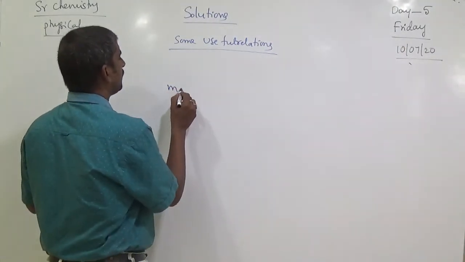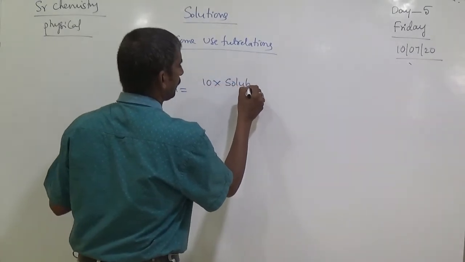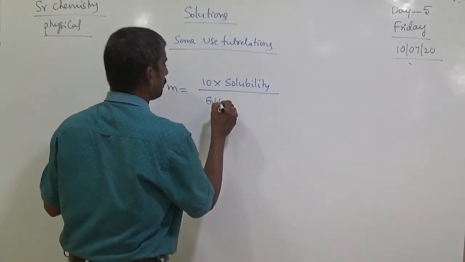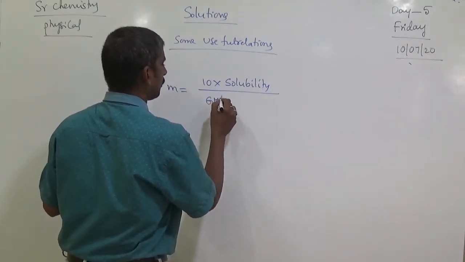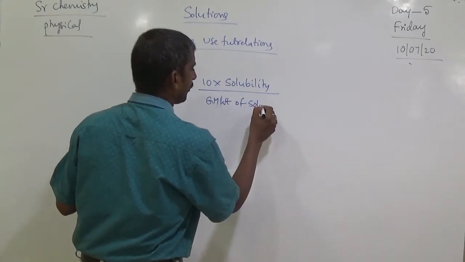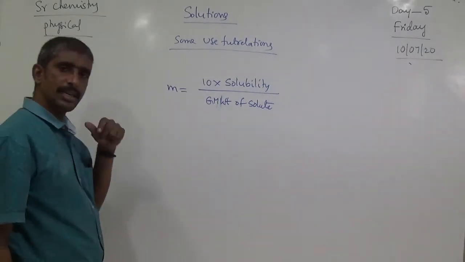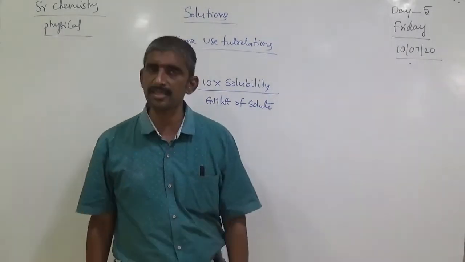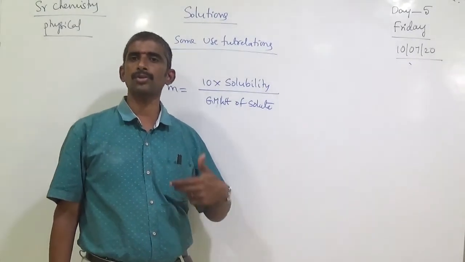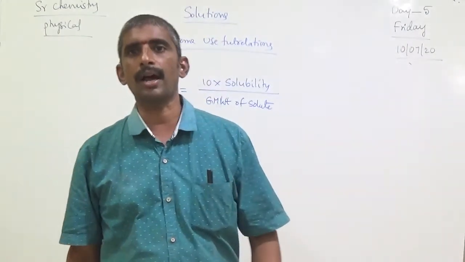Next, molarity equals 10 into solubility by gram molecular weight of solute. Solubility can be defined as the maximum amount of solute dissolving in 100 grams of the solvent.